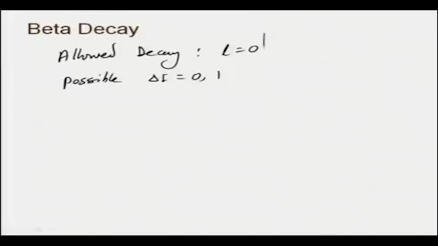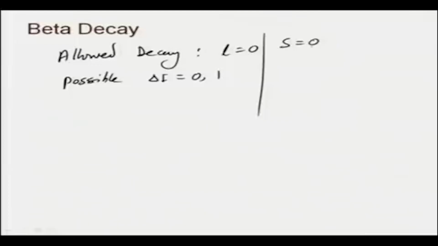So, allowed decay, which means L equal to 0, some terminologies, and pure Fermi. So, Fermi type: possible delta I equal to 0 and 1, that is one thing.